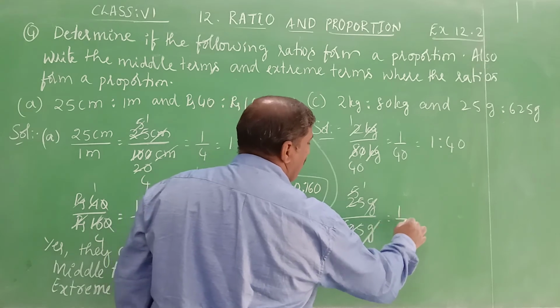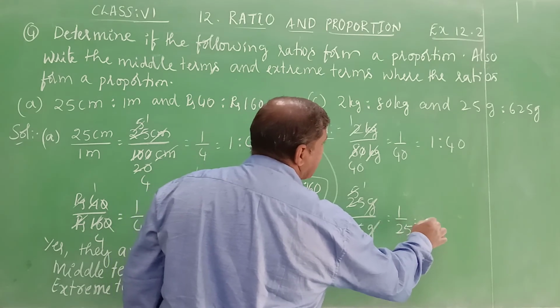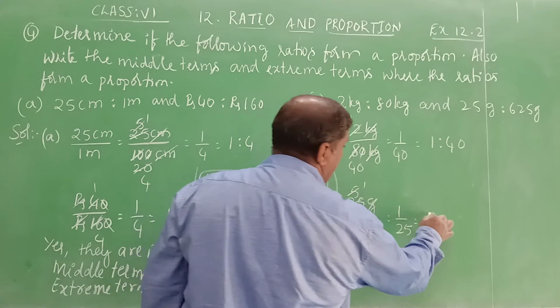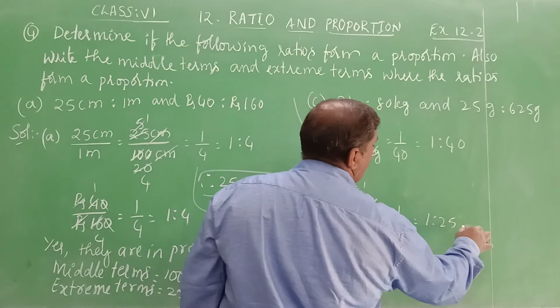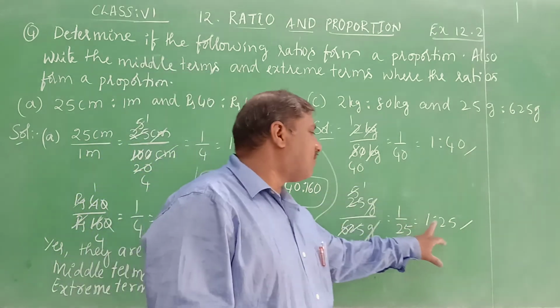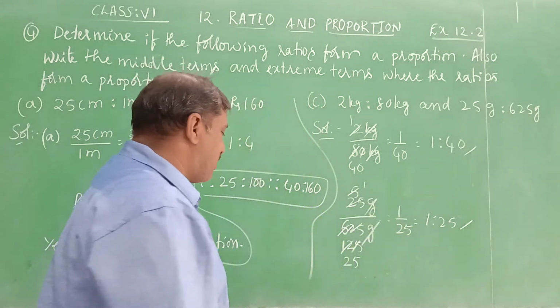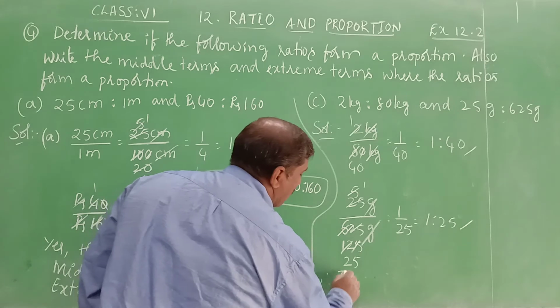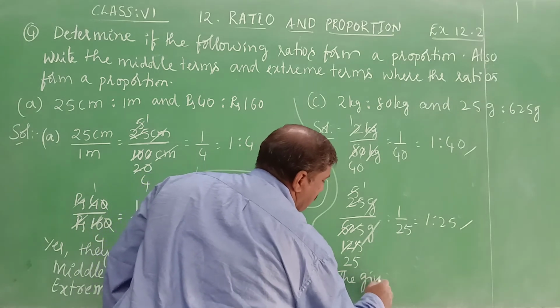That is 1 divided by 25, which is 1 is to 25. 1 is to 40 and 1 is to 25 are not the same. Therefore, the given quantities are not in proportion.